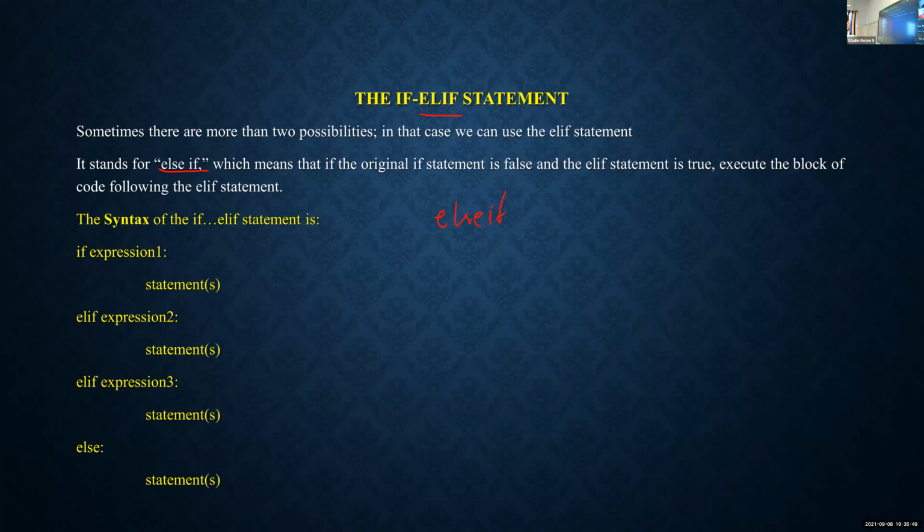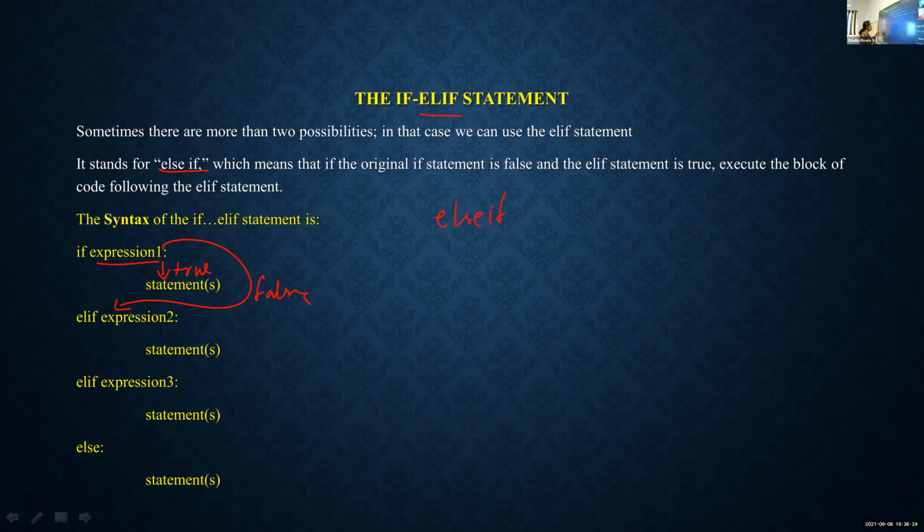So the syntax is: if expression, that is, if the condition is true, it will execute this statement. Then, if it is false, it will move to this position, that is the elif statement. Elif, it is not else. If it is else, we can't give any condition along with this else. But if it is elif, we can give one more condition here.